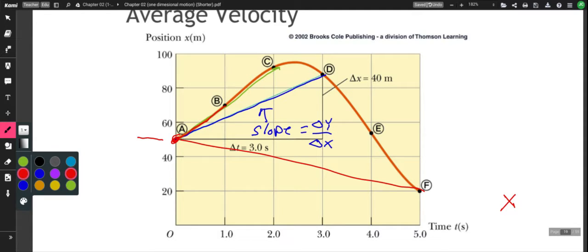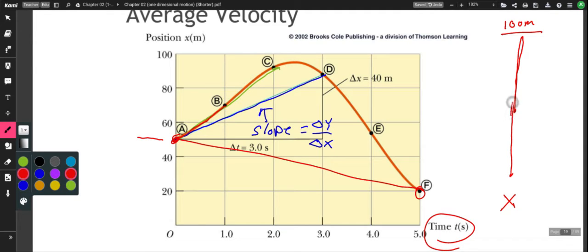If this is my start point, and this is 100 meters up here, my end point, my object starts somewhere in the middle, and then it moves forward almost to 100, and then it moves backwards down that same line and ends up about 20. That whole thing happens over 5 seconds.